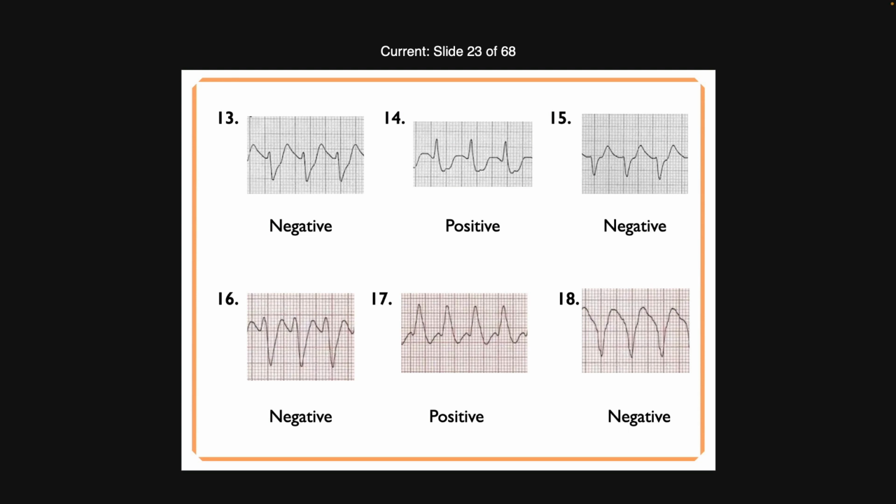And then the T wave will be in the opposite direction. So if the QRS complex is negative, the T wave will be positive, and vice versa. And so this is exactly what's happening here. One pointed down is either the QRS complex or the T wave. Pointed up is either the QRS complex or T wave.